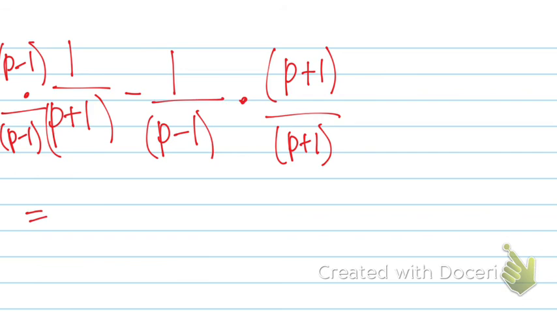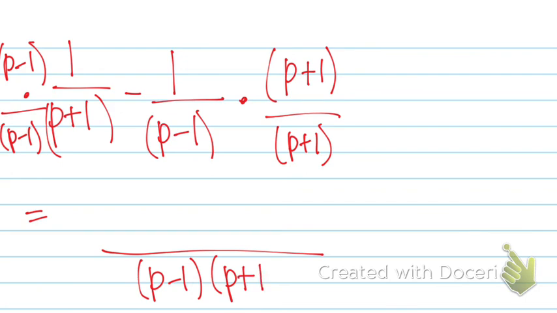So now, when you combine fractions, you're adding and subtracting them, do you combine your numerator or do you combine your denominator? Your numerator. Your denominator stays the same. Okay? So go ahead and make your denominator P minus 1, P plus 1.